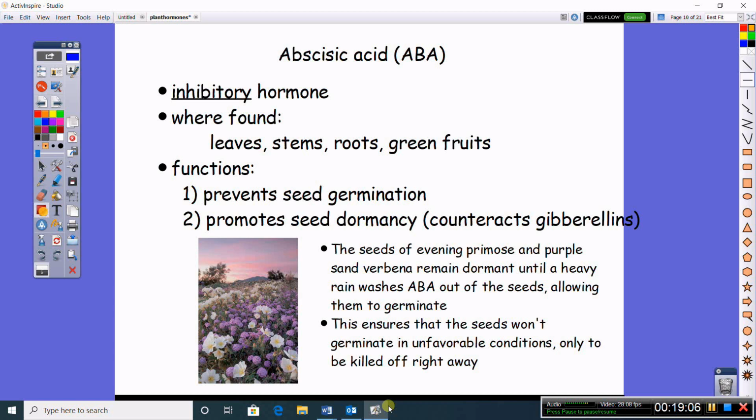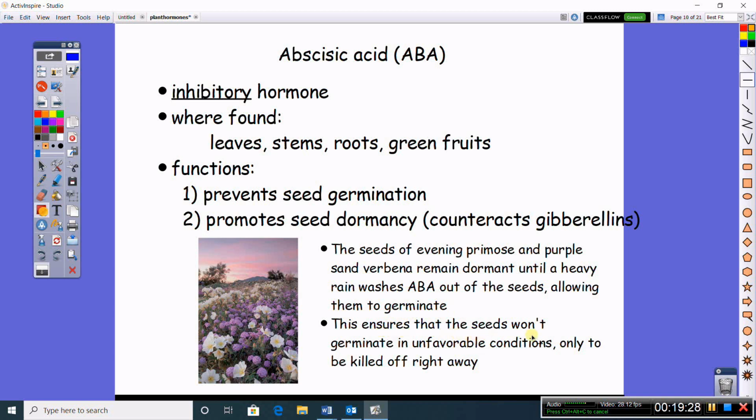I put this little part down there under your notes to explain why we would even care about abscisic acid. It says the seeds of the evening primrose and purple sand verbena remain dormant until a heavy rain washes ABA out of the seeds, allowing them to germinate.